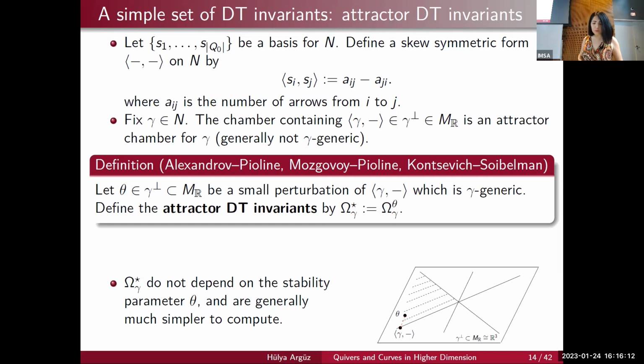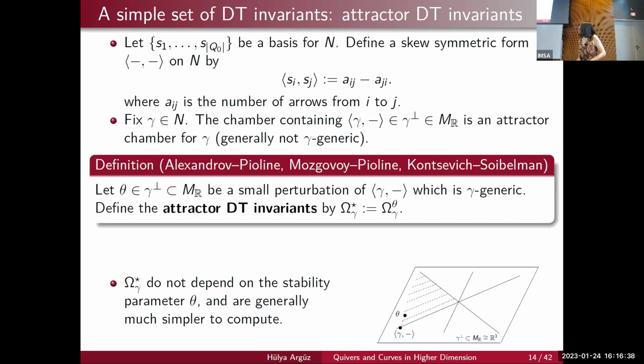They're just simpler to compute because if you look at any other chamber, you can start from the attractor chamber and follow some wall crossing to arrive at another chamber. So this attractor chamber is the initial place where you can do some concrete calculations for this fixed stability parameter, given by this particular point in M_R, using this inner product.